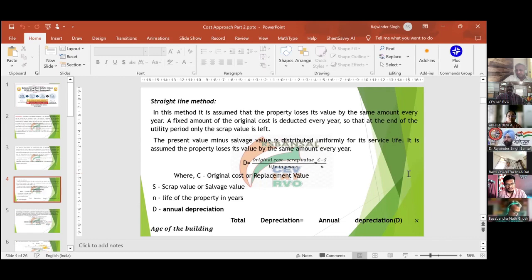Its economic life has come to an end because it has been badly affected by the earthquake. Then what will you get? You will get at least salvage value.